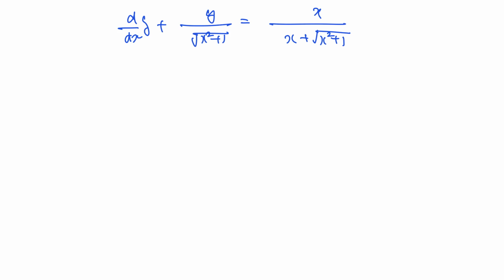So step number 1, d/dx of ln lambda x is equal to 1 over the square root of x squared plus 1. So we know lambda x, right?